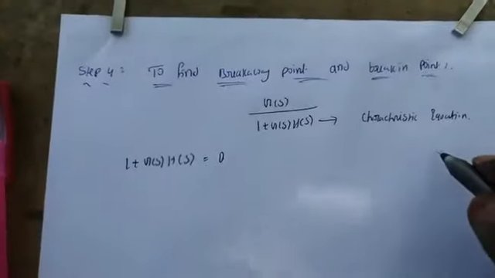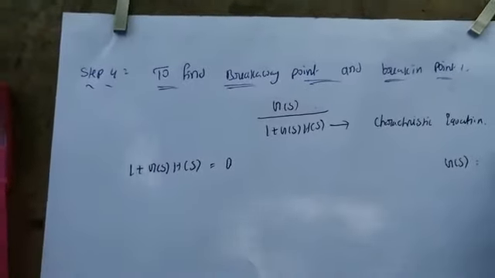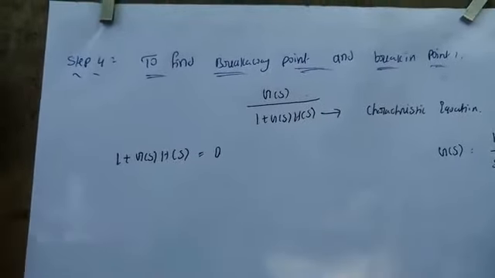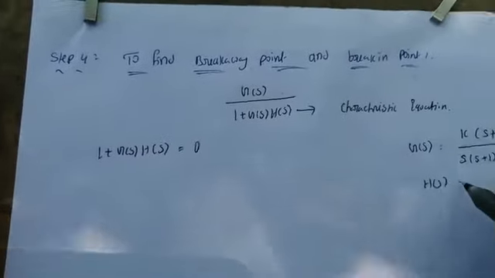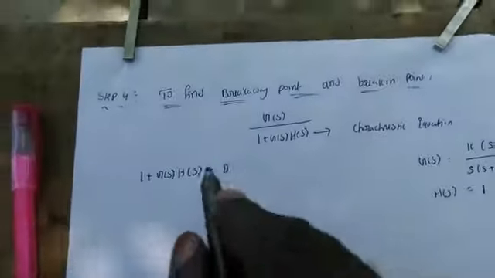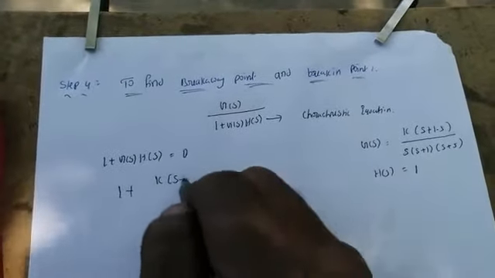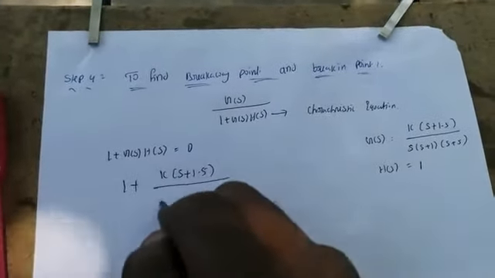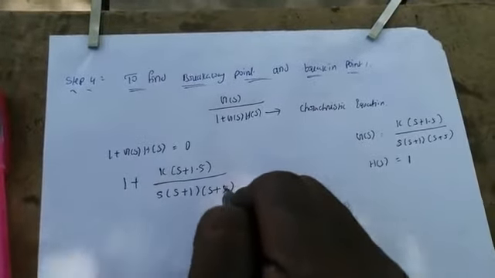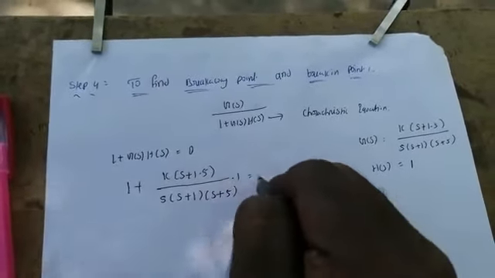Already we have G(s) equals K into (s plus 1.5) divided by s into (s plus 1) into (s plus 5), and H(s) equals 1 because we have a unity feedback system. Now substitute these two here: 1 plus K(s plus 1.5) divided by s(s plus 1)(s plus 5) into 1 equals 0.